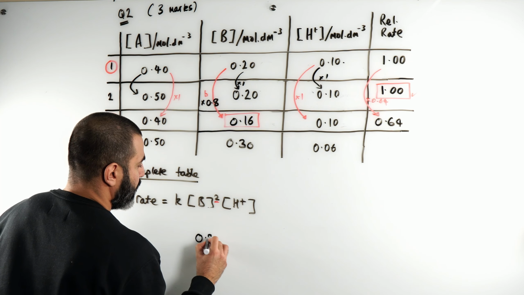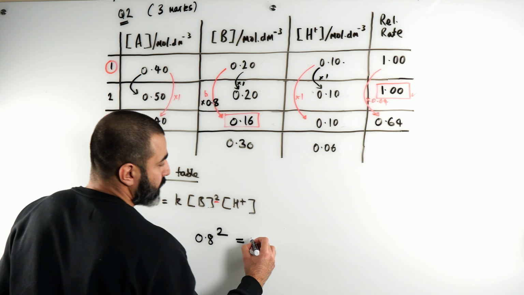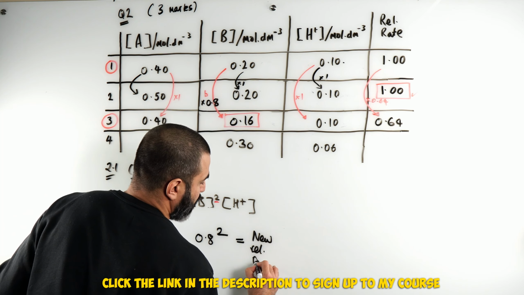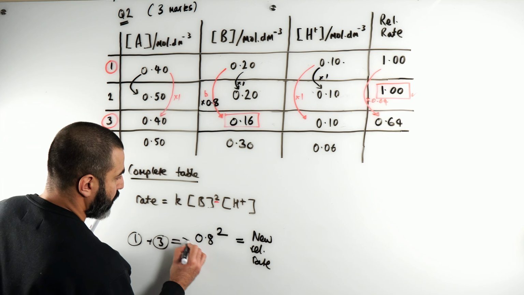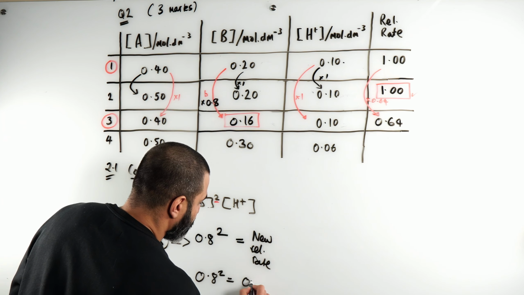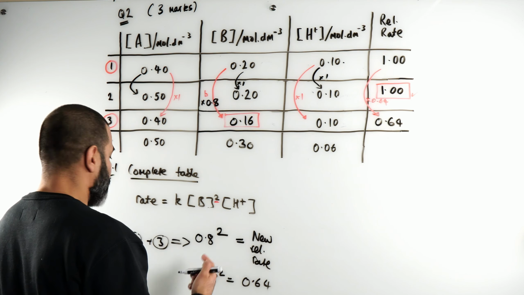So 0.8 squared should equal the new relative rate, and this is for runs 1 and 3, by the way. So does 0.8 squared equal 0.64, which is our new relative rate? Yes, it does. So that is bang on.